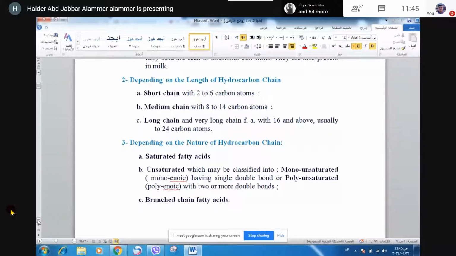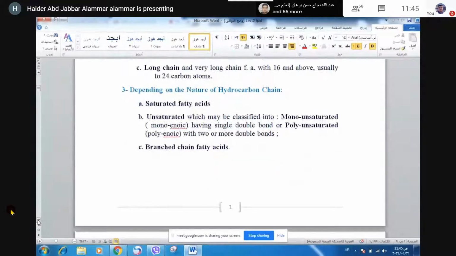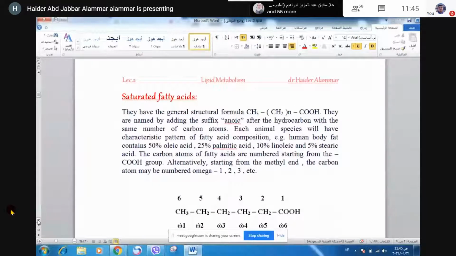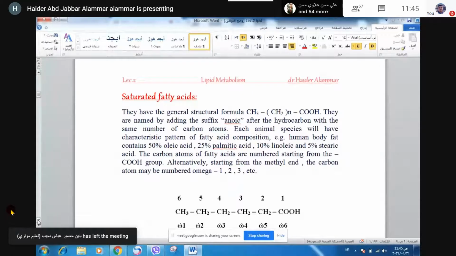For that reason, oil lipid is mainly made from mono and polyunsaturated fatty acids, while lipid in solid fat form is mainly made from saturated fatty acids. And the last one is branched chain fatty acid, like phytanic acid that is present in tea leaves.